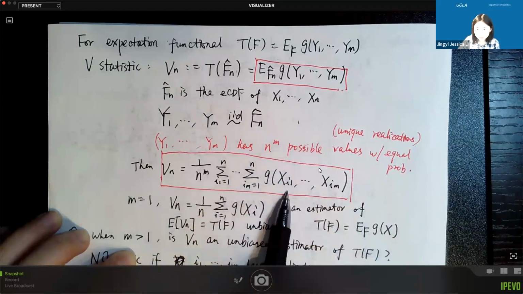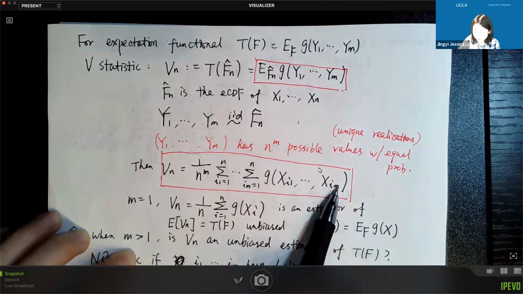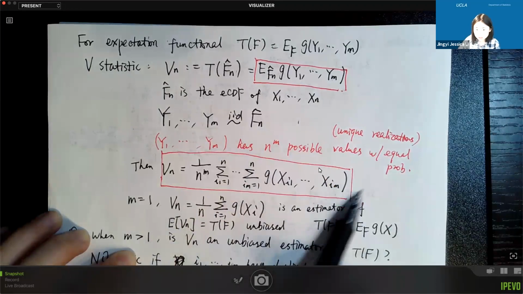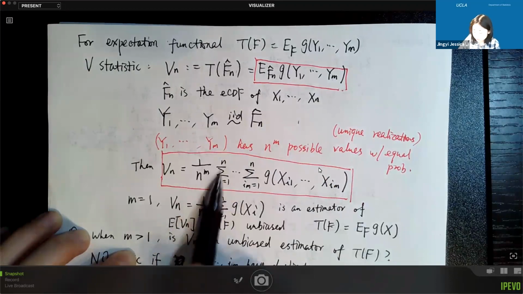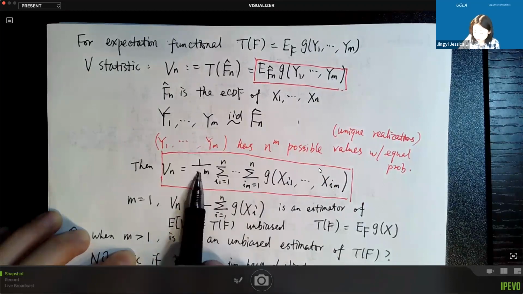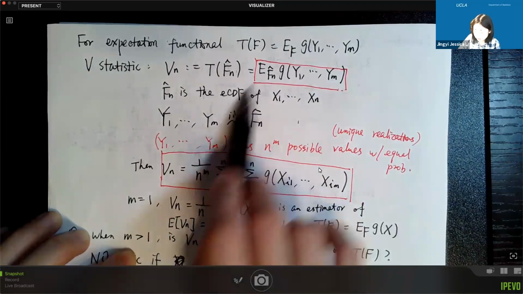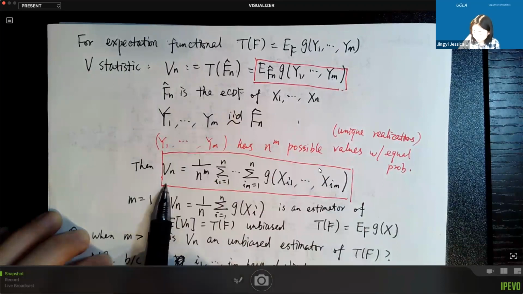Here we denote that sample as x_i1 to x_im, and we consider all the possibilities. There are n to the power m possibilities, and we do the averaging. The averaging corresponds to the expectation here, and that's how we define V_n.